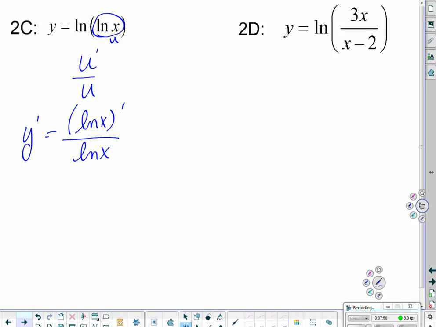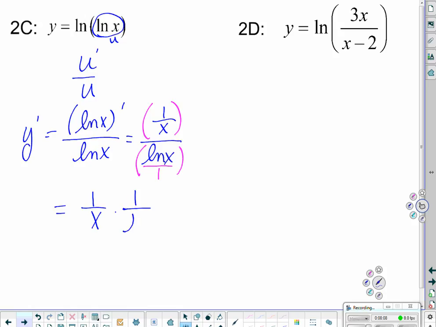So following through this, I have 1 over x divided by natural log of x. Well, that's like a natural log of x over 1 and a 1 over x. We can simplify this down by going 1 over x times the reciprocal 1 over natural log x. And our answer will turn out to be 1 over x natural log x.